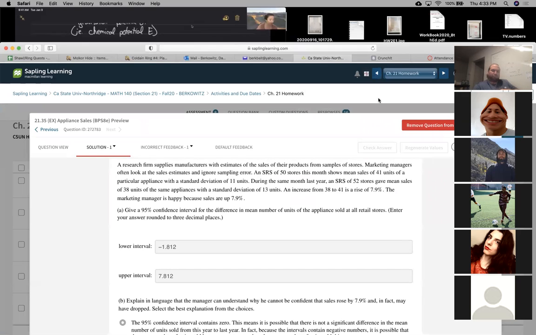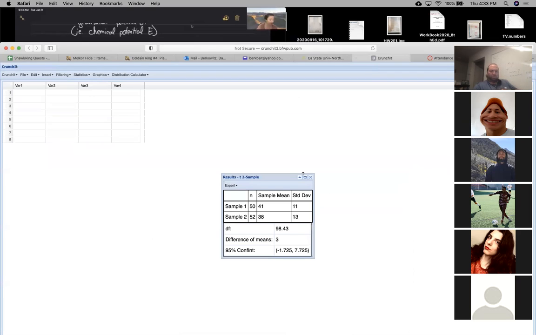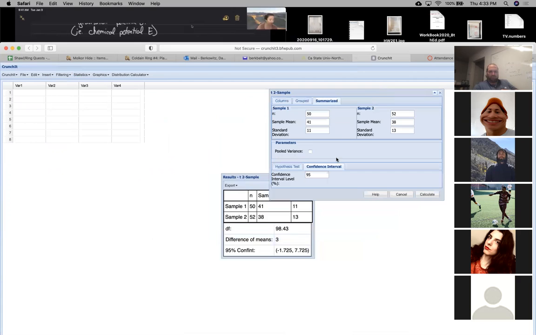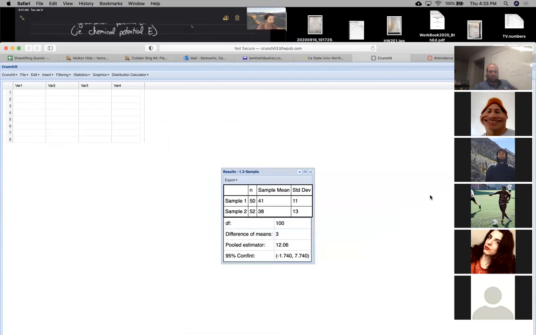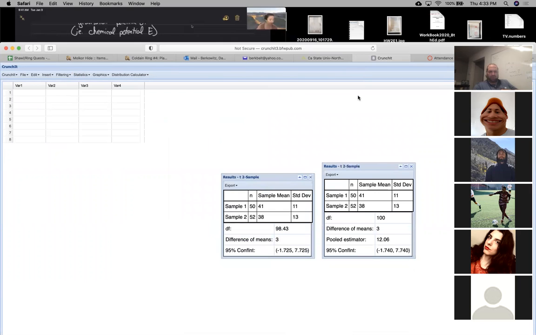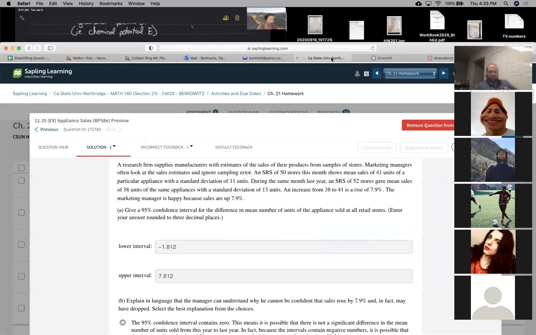Well, I wonder what would happen if we pool. Let's try it again with pooling and see what happens. T 2 sample summarized. This time let's pool and see what happens. Negative 1.740 to 7.740. No, it doesn't help. It's weird.